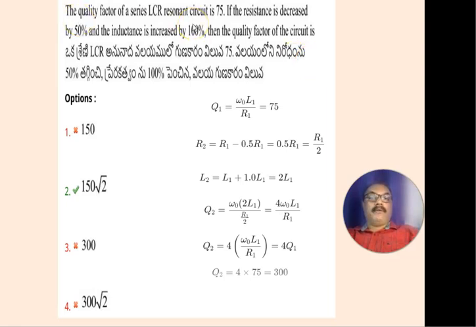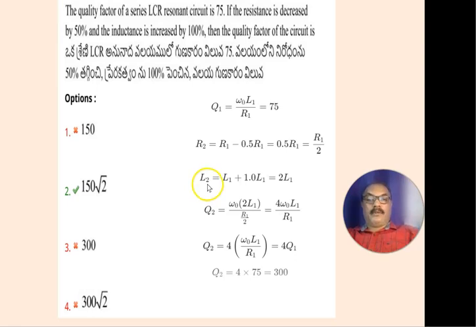So here the quality factor equation is Q1 equals omega 0, that is the angular frequency at resonance, times L1, the initial inductance value, divided by R1, which is 75. When the values are increased or decreased, R2 is given as R1 by 2, so it is reduced by half, 50% reduced.